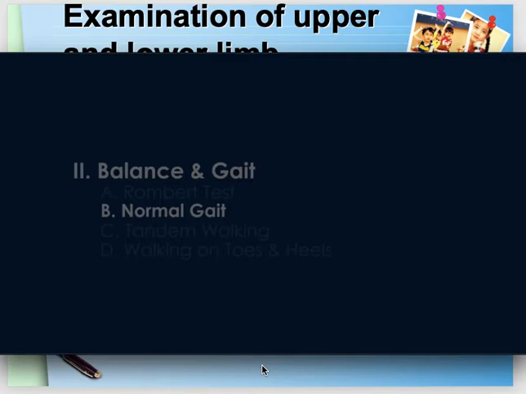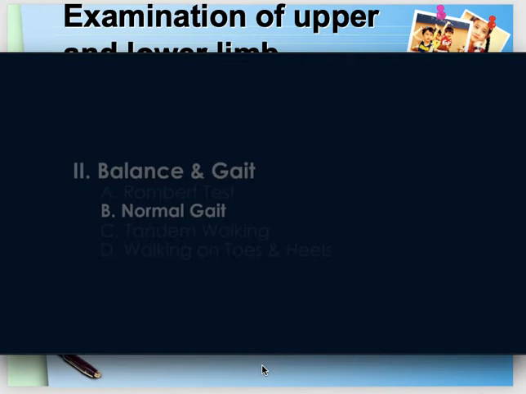So normal people can usually maintain the position for 60 seconds. You can check yourself. So we say that the Romberg test is positive when there is unsteadiness with the eyes closed. Okay, this is usually seen with the loss of proprioceptive sensations, which are coming from the joint position sense, which is coming from the joints.